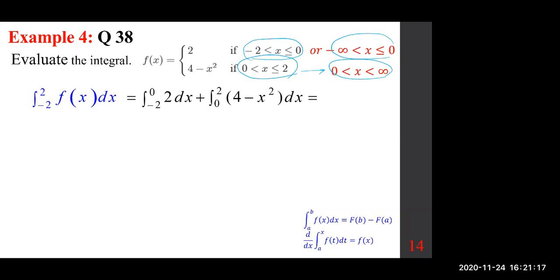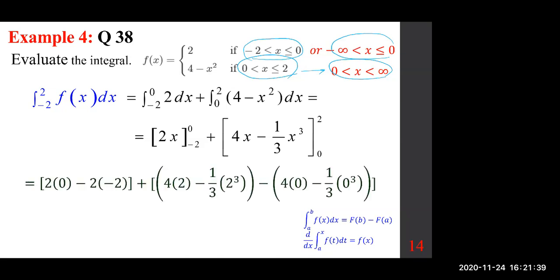Now, I don't think anybody has any problem evaluating this. I hope you don't. So the first one becomes 2x, evaluated from -2 to 0. The second one becomes 4x minus 1/3 x cubed. Now, I'm going to assume you can easily do that, so I'm not going to spend too much time on that. Just plug in 0, plug in -2, the other one 2 and 0, and this is what you get. Of course, just quickly, this goes to 0. You don't have to worry about that. The rest is easy calculation. Again, this goes to 0. Okay.